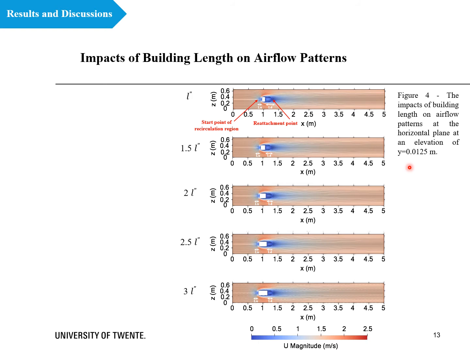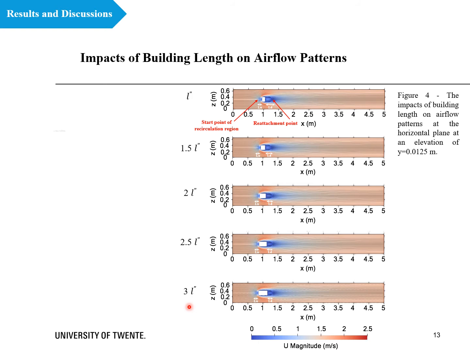The building length is systematically changing from L double prime in the reference case to 1.5 times L double prime, 2 times L double prime, up to 3 times L double prime. However, the width and height of the building are constant in these 5 figures.